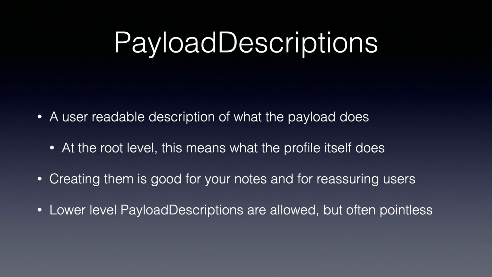Put something in there, fill it out, to reduce the risk of freaked out users, and also as a favor to yourself or your successors, so you have some idea of what this profile does or is supposed to do. It's basically internal documentation.